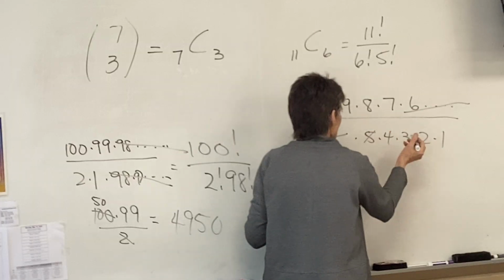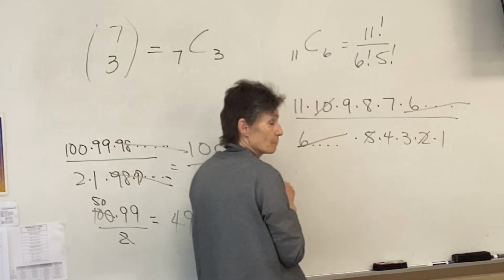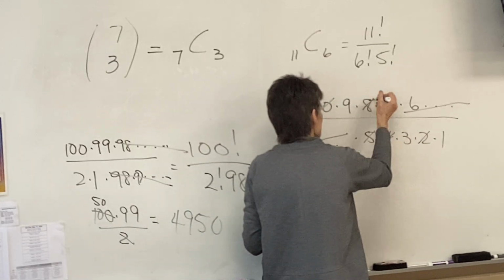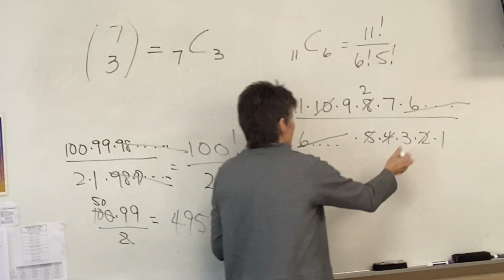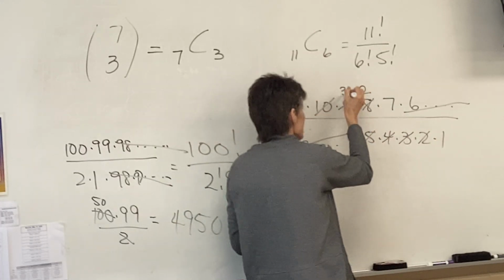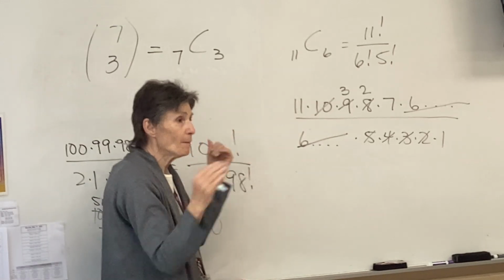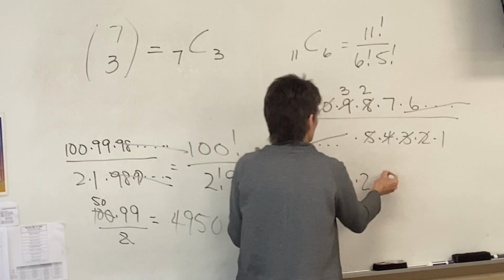So 5 times 2 is 10. 4 goes into 8 twice. And 3 goes into 9 3 times. So the denominator is gone, and all I have left is this.